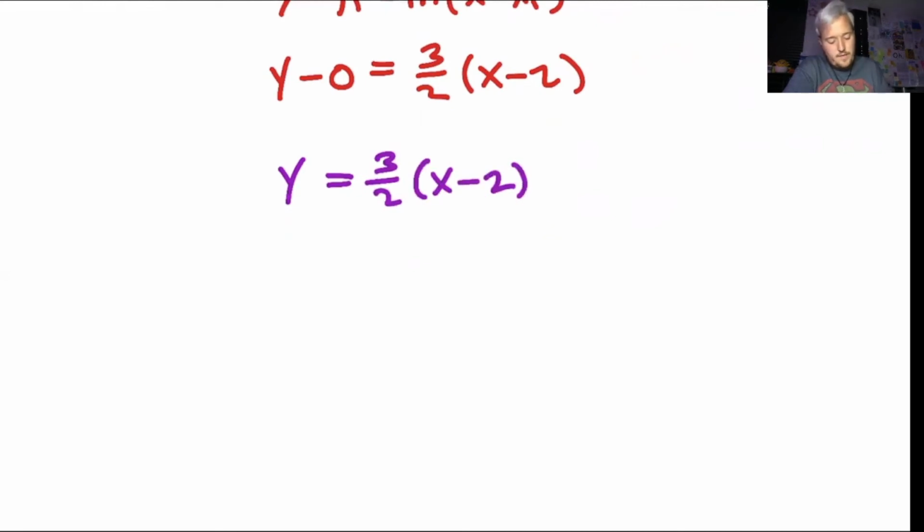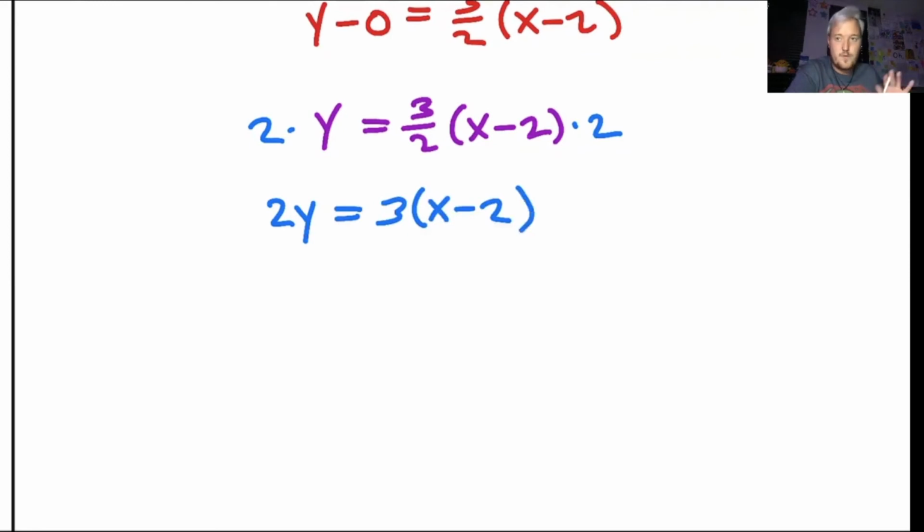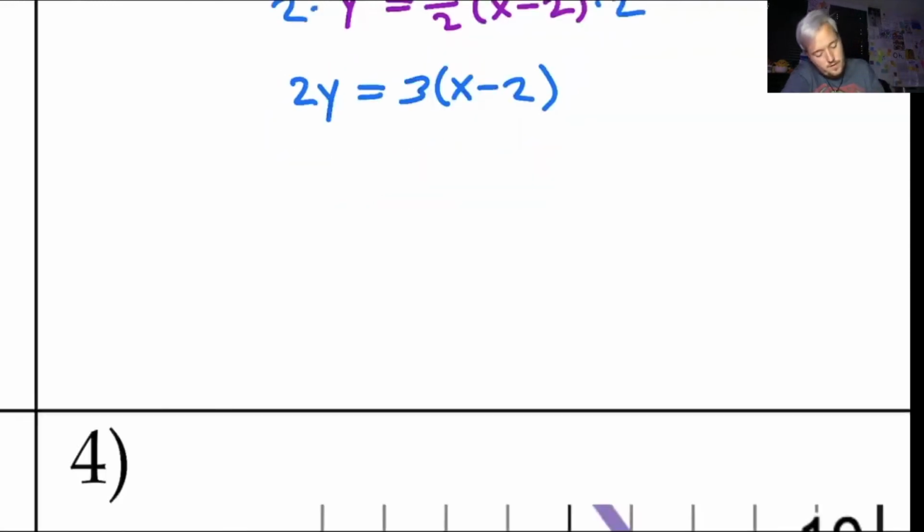Because I have this 2 in the denominator, I'm going to multiply both sides by 2. So now I'll have 2y equals 3 times x minus 2. Now I can distribute and start putting it in standard form. So 2y equals 3x minus 6.